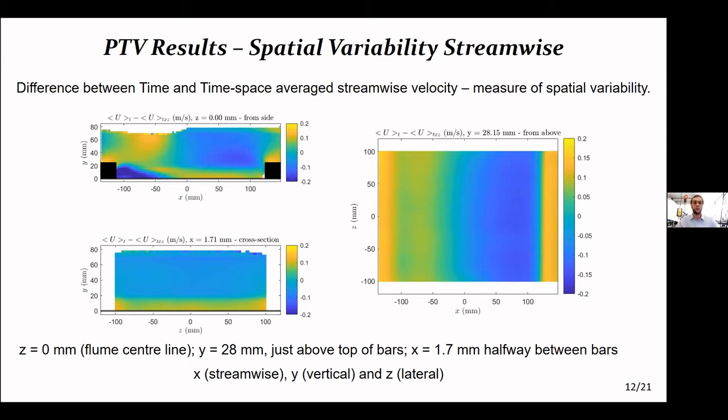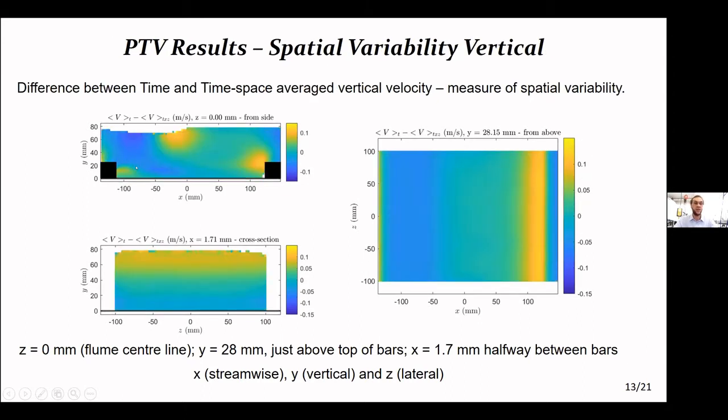Similarly to the previous plot, it is possible to see an increment of the velocity just downstream of the bar, and positive variations, while negative variation occurs in the recirculation. For the vertical component, there is positive variation in correspondence of the hydraulic jump downstream of the bar, with a negative variation downstream of the first bar.